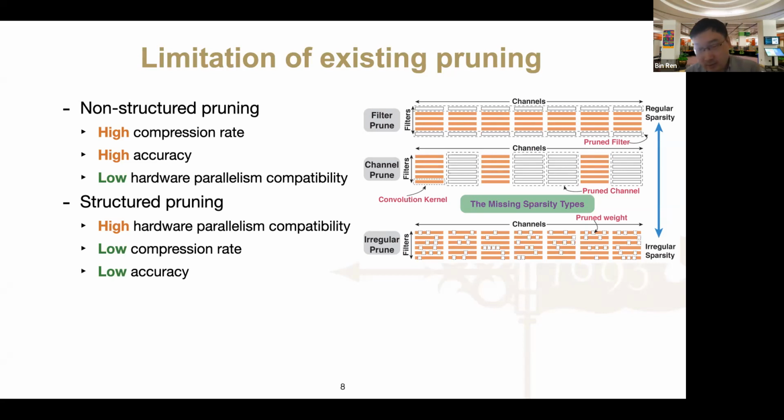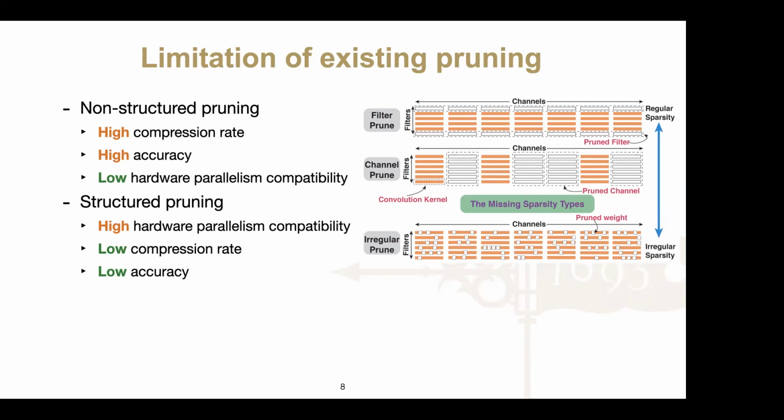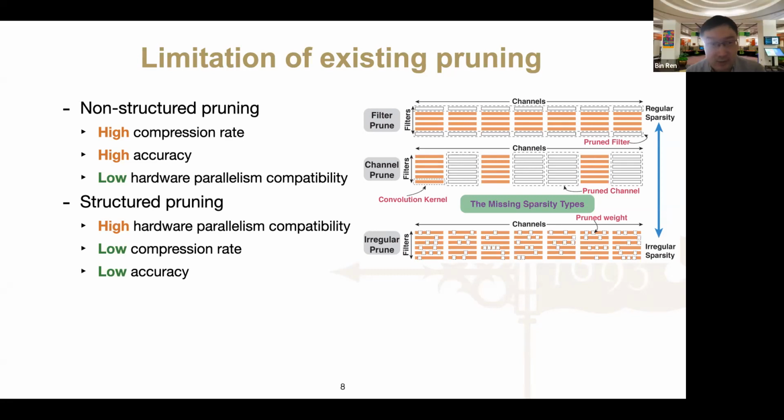And about the structural pruning, the advantage is, because in the structural pruning, we are going to prune the entire channel or the entire filter, the resulting model is very regular. So it's very hardware friendly. We can achieve good execution performance.